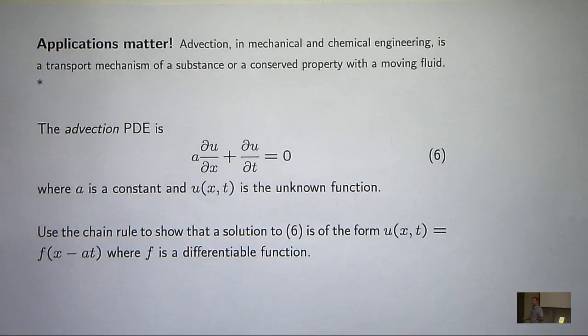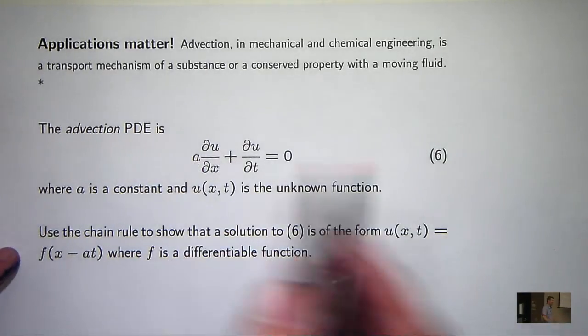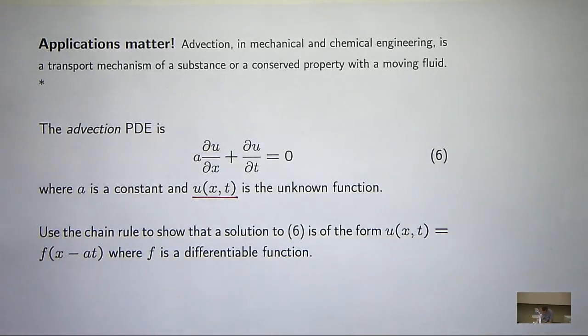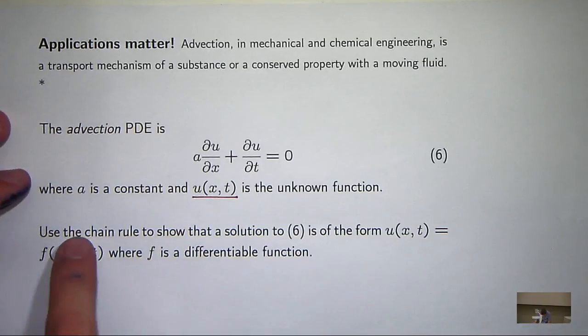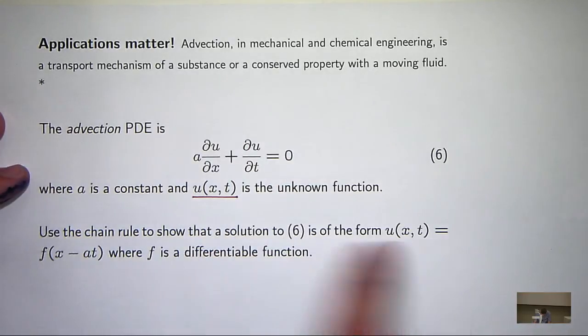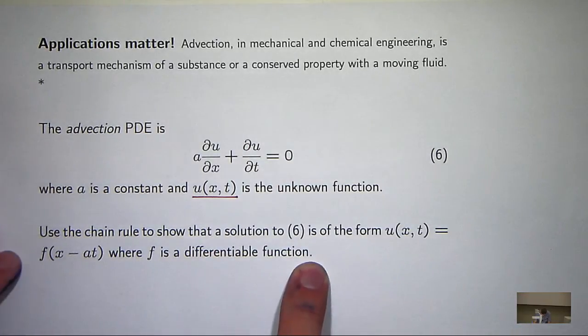Now, here a is just a constant. u is a function of 2 variables. You can think of x as representing position and t as representing time. Okay? We're asked to use the chain rule to show that a solution to this PDE, the advection PDE, is of this form where f is a differentiable function.